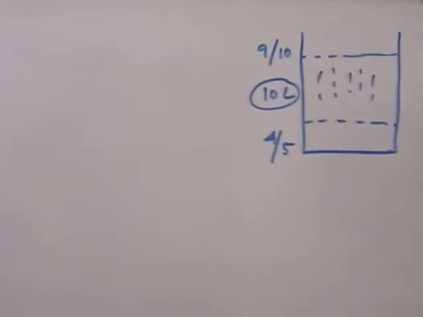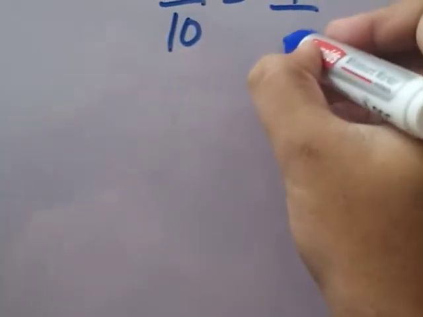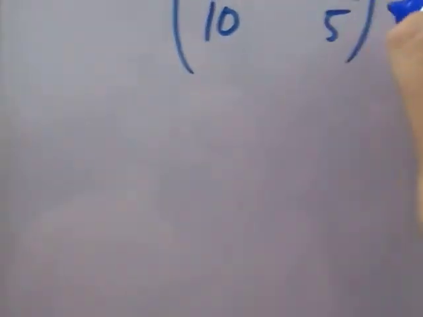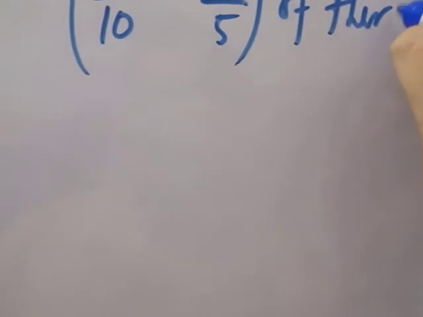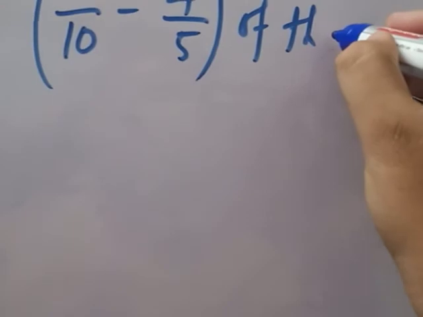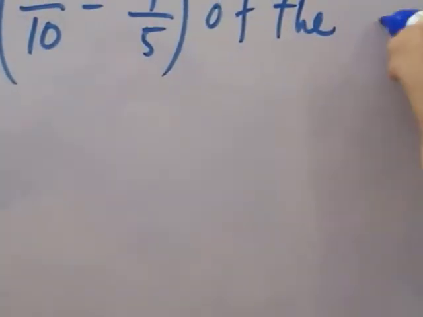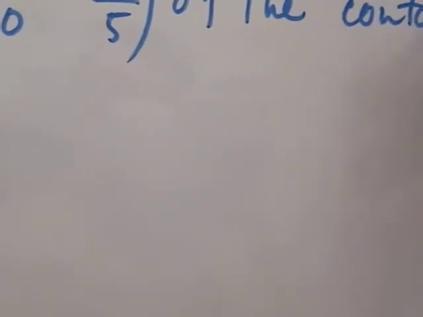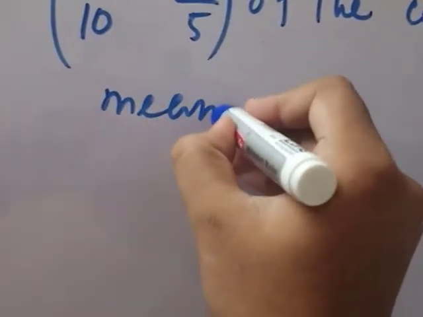So we can write here 9 by 10 minus 4 by 5 of the container means 10 liters.